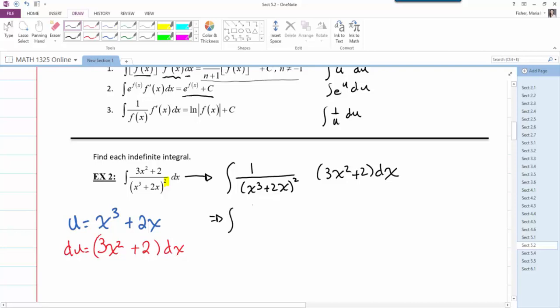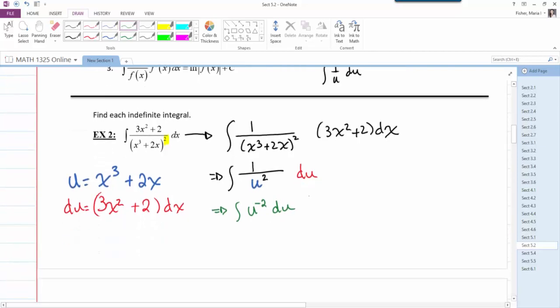Therefore, I can write this now as 1 over, recall x cubed plus 2x is equal to u, and that's u squared, and my 3x squared plus 2 times dx is equal to my du. So now I have an integral all in terms of u, and I need to integrate this. Well, remember, when I have u to a power here in the denominator that isn't 1, what I need to do is I need to rewrite this. Therefore, this is the same as u to the negative second du.